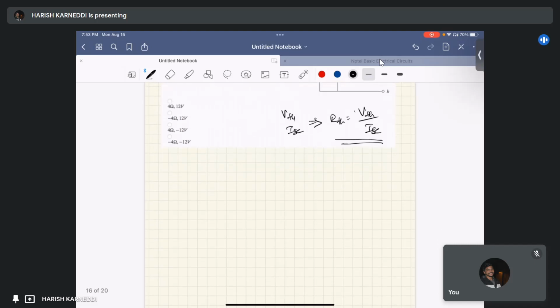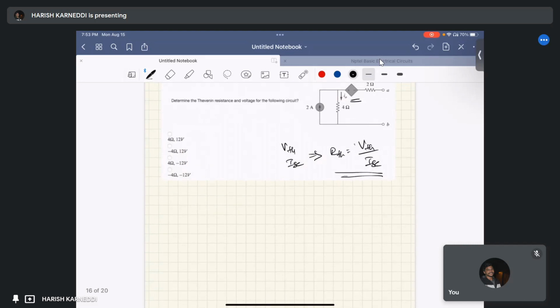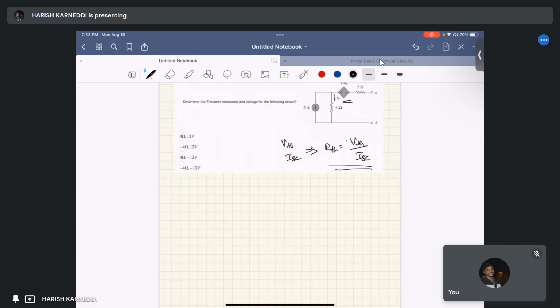And one more method, you can energize the same circuit. I'm doing the second method. We have to make this independent current source zero. That is, we have to open circuit it, right? I'm just open circuiting the 2 ampere source.